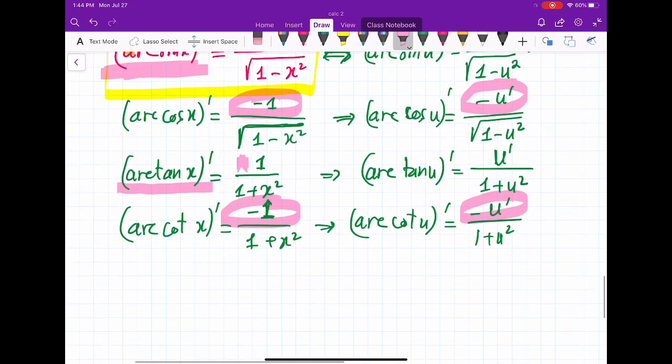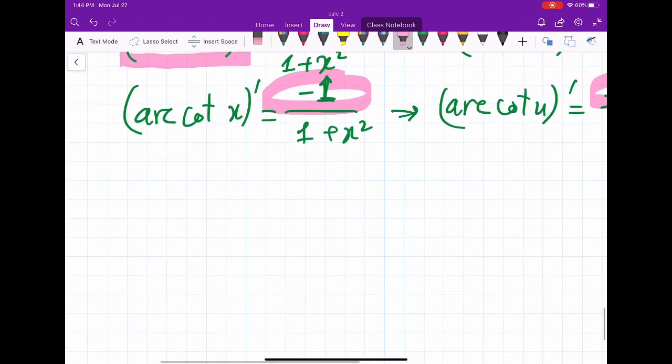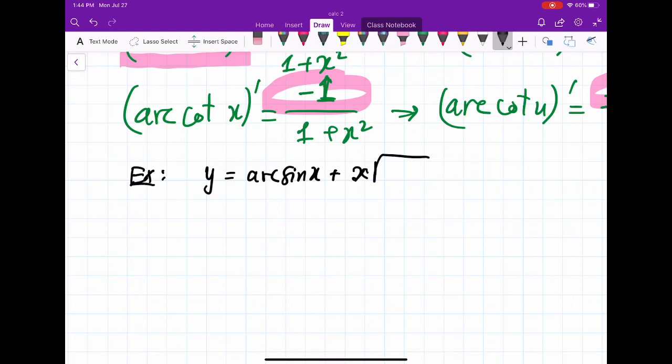Again, please make a formula sheet for yourself, because sometimes we don't remember everything in here. Let's consider the following example. y equal to x arc sine of x plus x times the square root of 1 minus x squared. We need to find y prime.